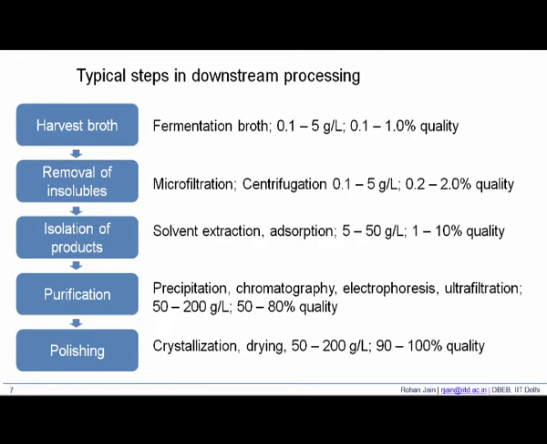Here basically you remove biomass if your product is in the broth, and you collect biomass if your product is in the biomass itself, intracellular. So, there is an important distinction here.